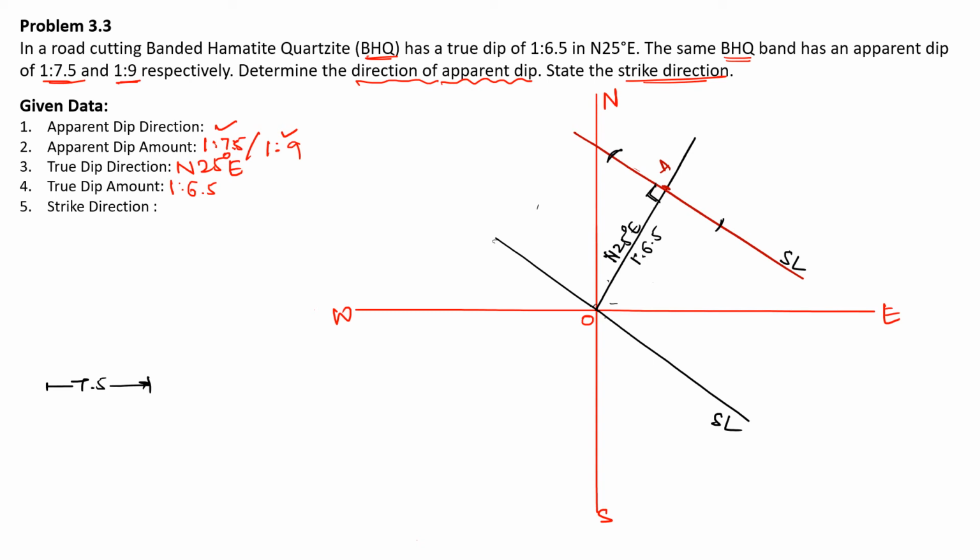Now again join these points, this as well as this, and name them as B and C.